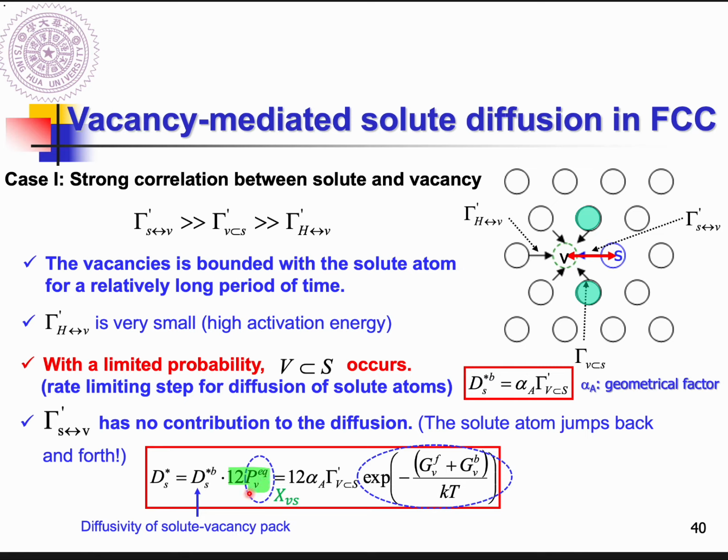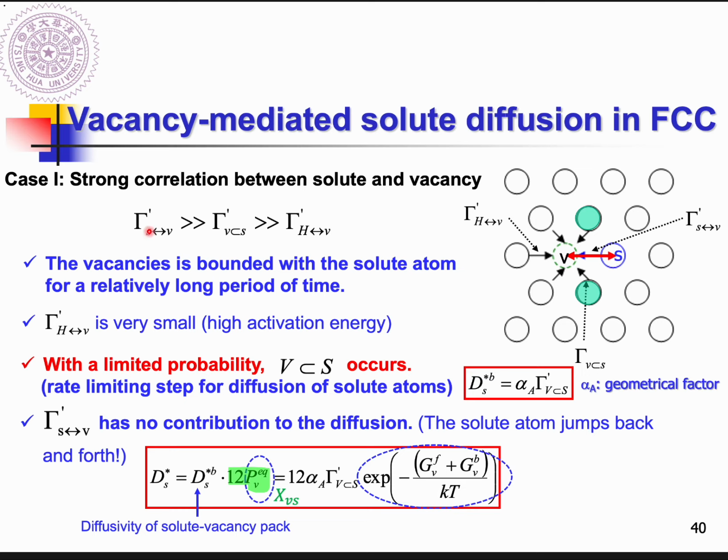But a little bit different is that we need to times 12 here. Some people ask why we need to times 12. I want to explain some more: because the solute and vacancy are considered a pack, that means the solute and vacancy will exchange location very fast, right?